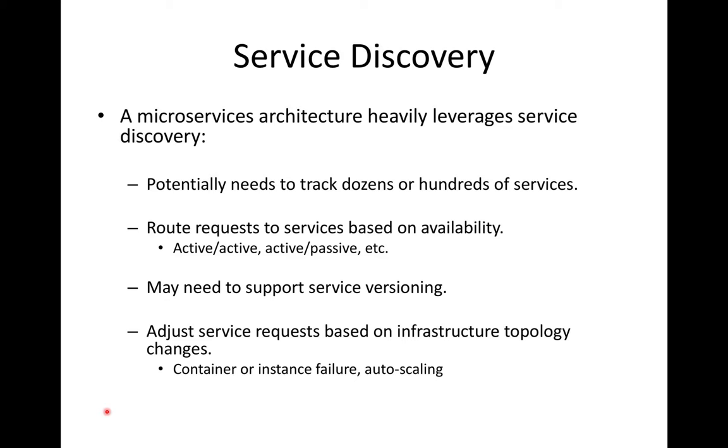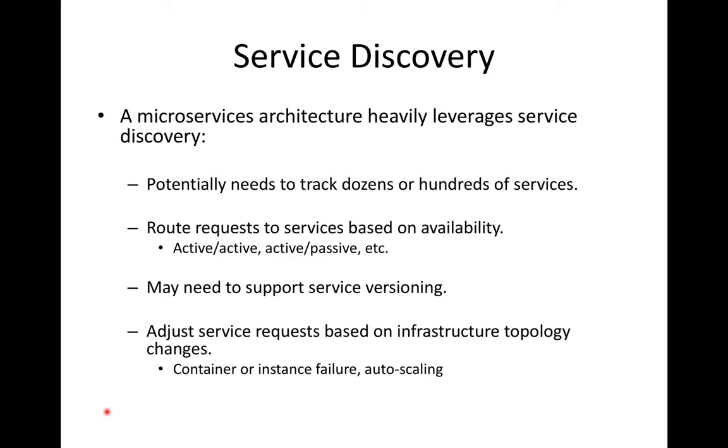Now, a modern microservices architecture is heavily dependent on the service discovery process because typically when you're building a microservices platform, you're instantiating dozens, potentially hundreds of different services. And these services need to be able to route requests to other services based upon availability.